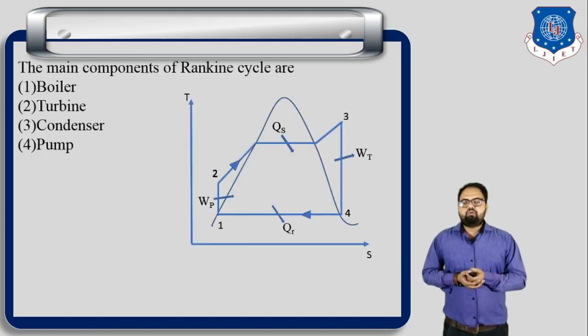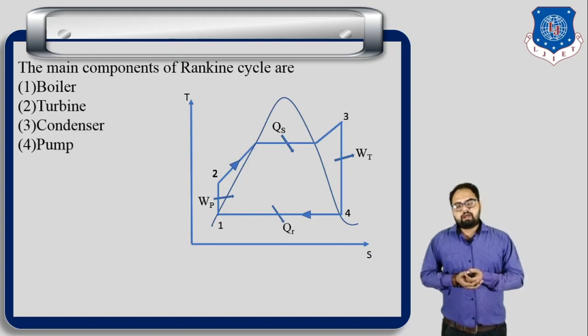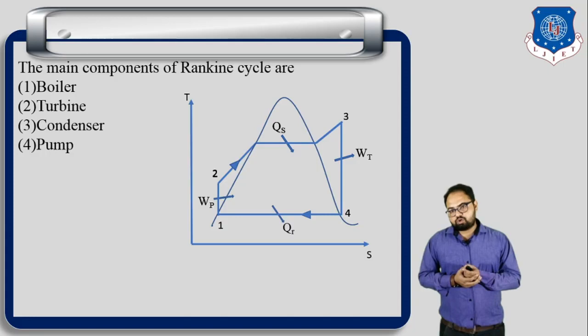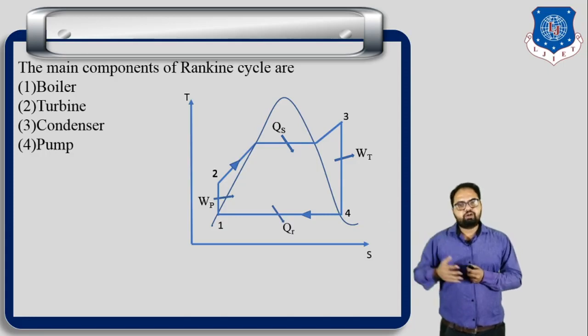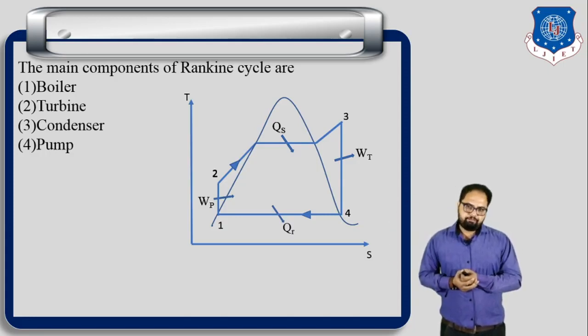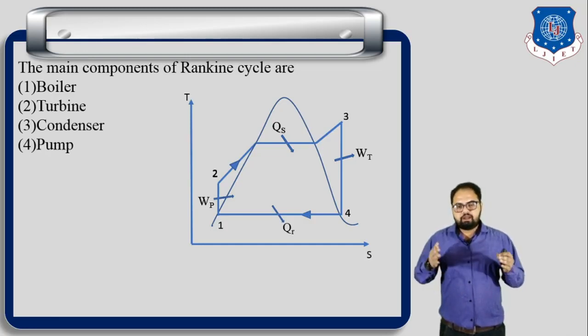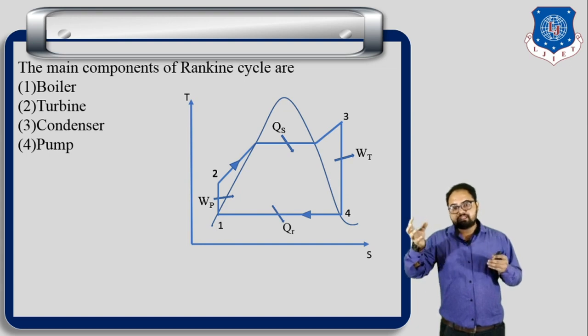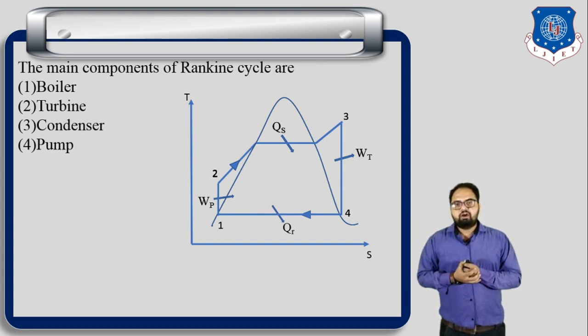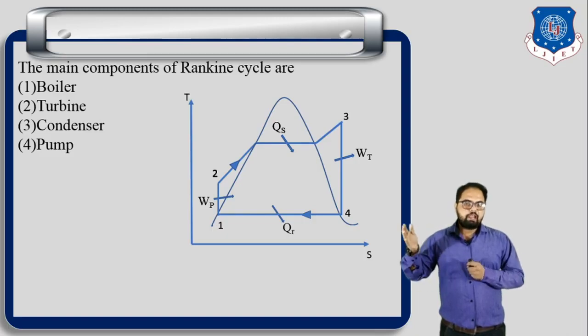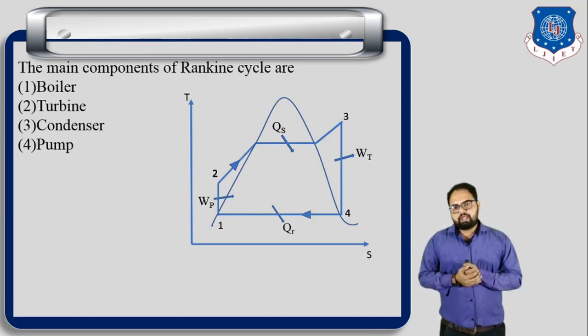Here you can see that during process 1 to 2, there is work done on the pump, and during this process, the entropy of the system remains constant, which is indicated by line 1 to 2 on the diagram. After that, during process 2 to 3, the water is converted into steam, meaning there is heat received by the water, which is indicated by line 2 to 3 on the diagram.